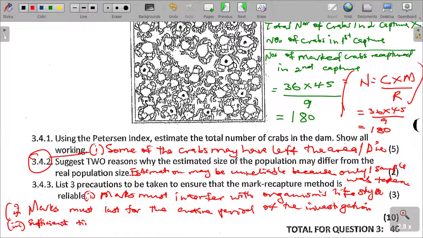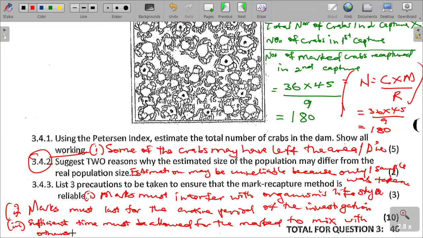So these are some of the reasons that we can give in regard to marks, in order to ensure that the mark recapture method is reliable.